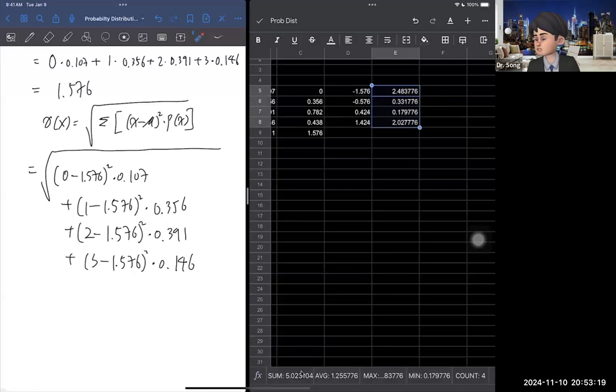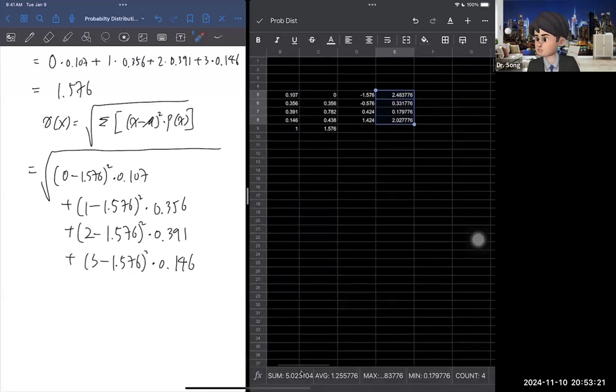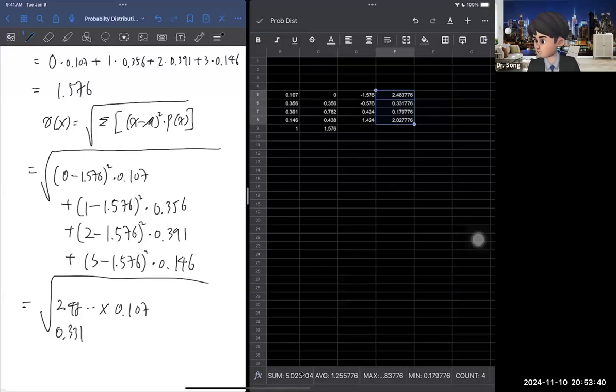I calculate automatically. And so what I did is the following, I calculated these things. So for example, here, instead of the square root, I got 2.48 point something times the probability 0.107. And then the second one, it turns out the square of that parenthesis is 0.331, and then times the probability 0.356. So I need to calculate this one.